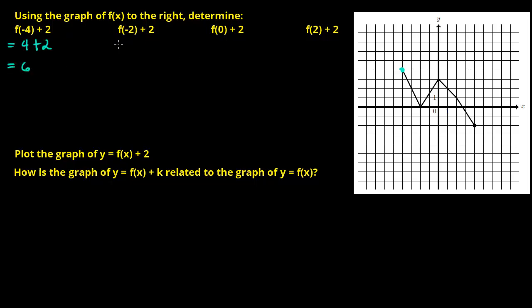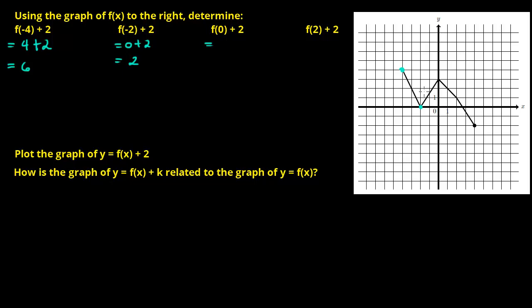F of negative 2 plus 2. Well, what's f of negative 2? F of negative 2 is 0. So this is equal to 0 plus 2, which is just equal to positive 2. F of 0 plus 2.